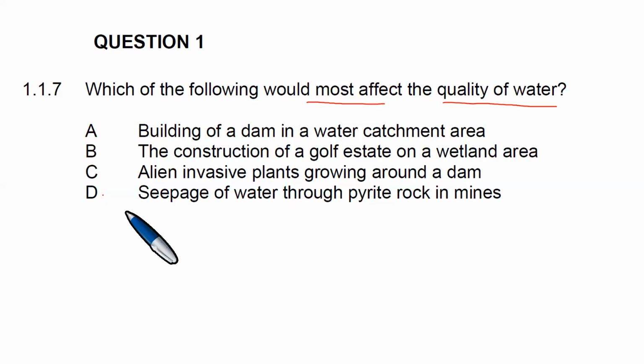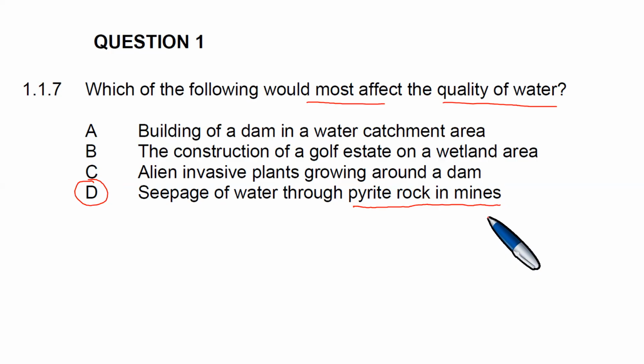So we agree that this question hinges on water pollution. We need to understand that water gets polluted, and that pyrite rock in mines is at the heart of this. We speak about acid mine drainage.